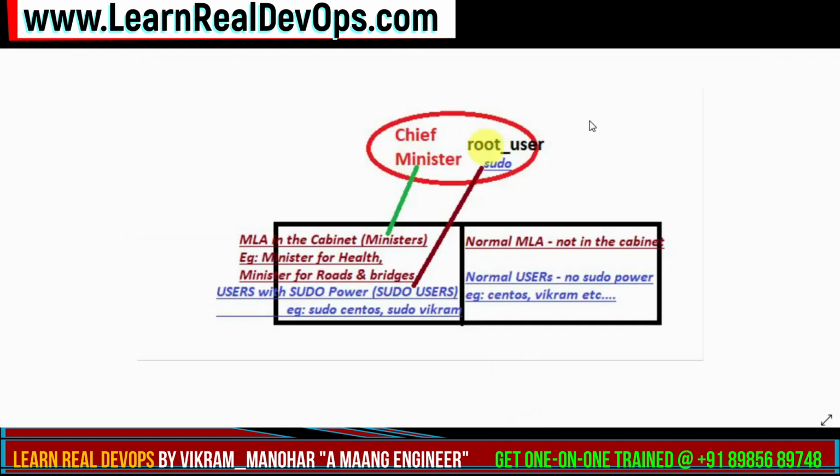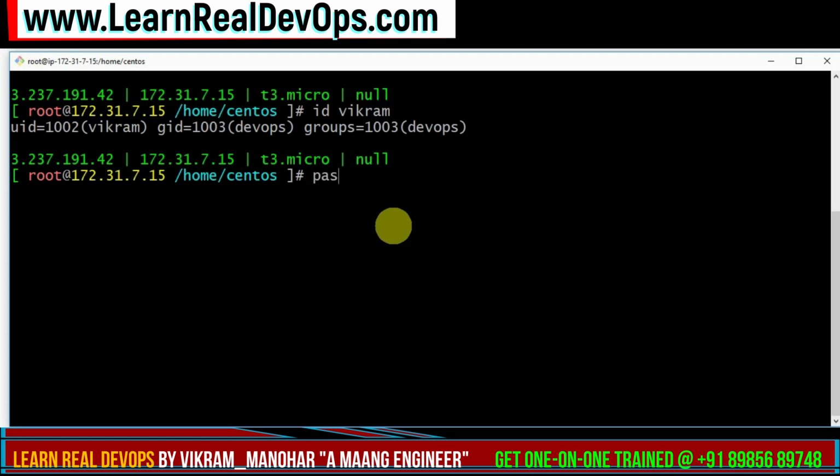So from this level I will try to allot a password to the user called Vikram, and the syntax will be passwd, and you should say to which user you want to allot the password. So the command syntax will be passwd and the username for whom you want to allot the password. In our case I want to allot a password to the user called Vikram, so I will replace this with Vikram. So let me remove this and type enter.